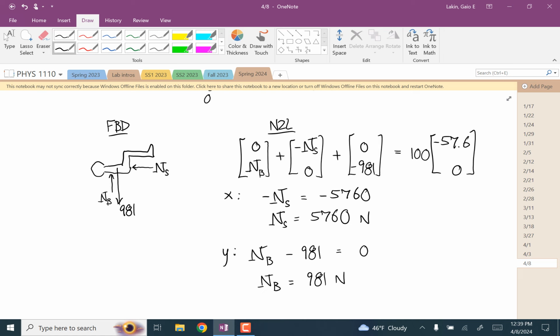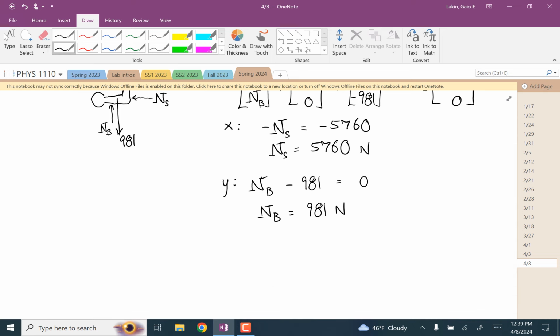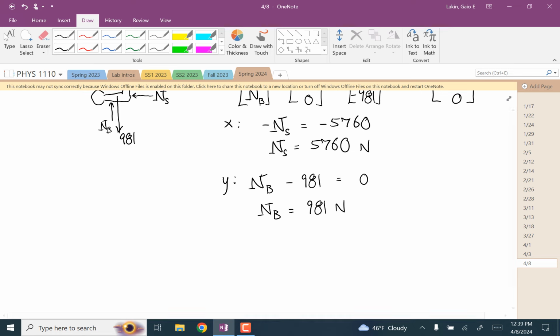Any questions about that? Okay, let me do an example. I'm going to use basically the same example, but this time the speed is going to be changing. It's going to be non-uniform circular motion.